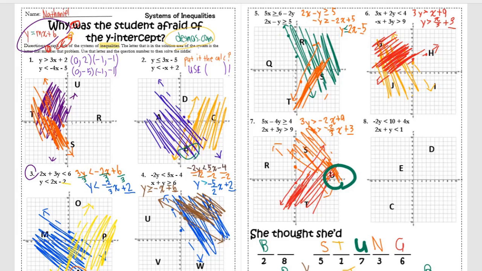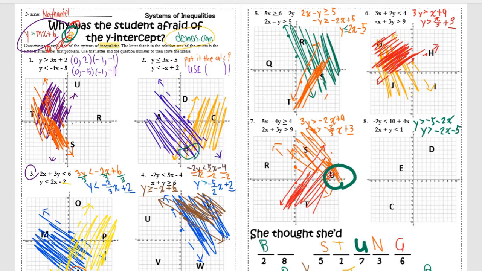So we're going to have y is greater than, our sign flips because we divided by a negative number, negative 5 minus 2x. I am going to have my negative 2x and my negative 5 switch places, because I want to keep my inequality in slope-intercept form. So we're going to have y is greater than negative 2x minus 5.